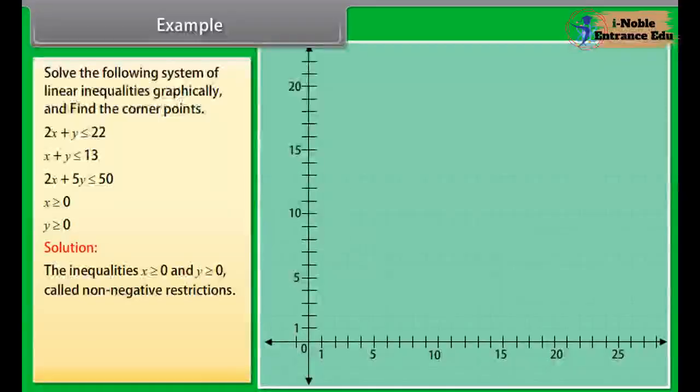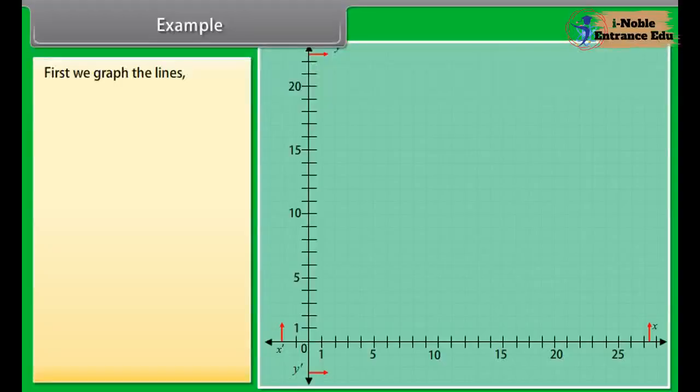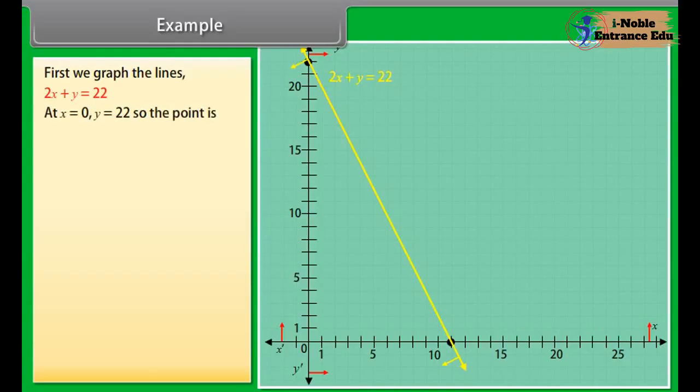Example. Solve the following system of linear inequalities graphically and find the corner points. 2x plus y is less than or equal to 22. x plus y is less than or equal to 13. 2x plus 5y is less than or equal to 50. x is greater than or equal to 0. y is greater than or equal to 0.